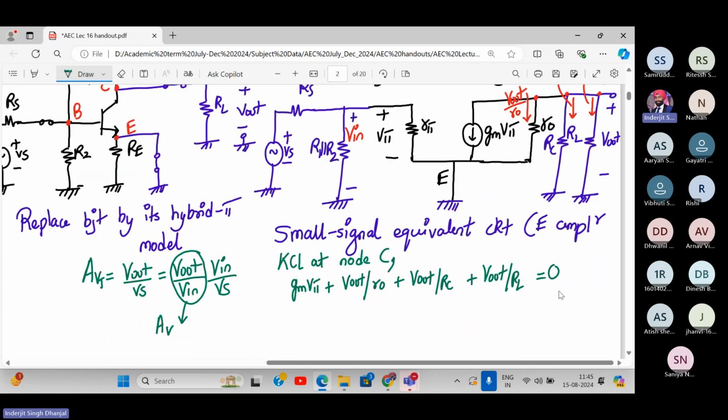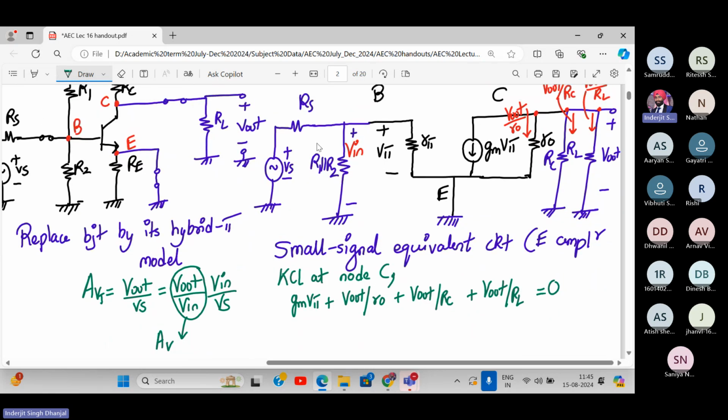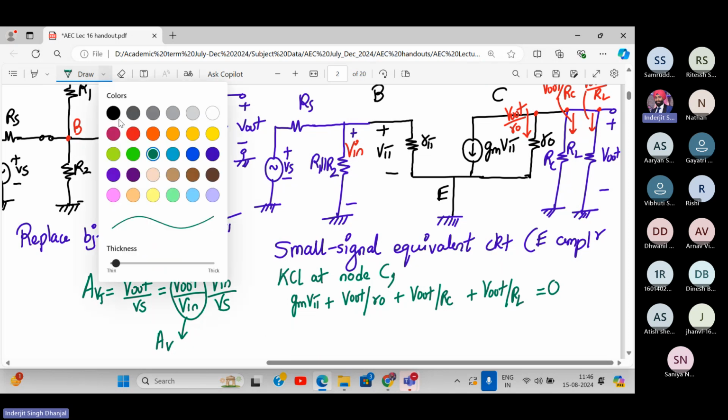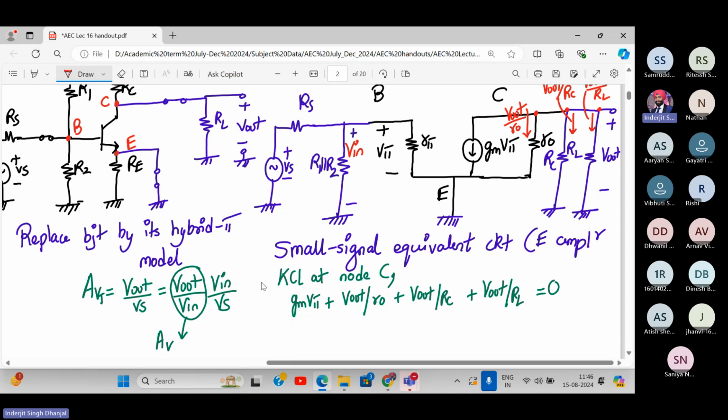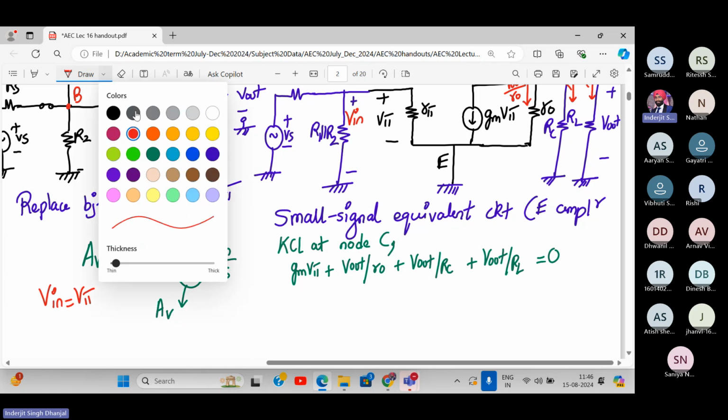Agree? Yes or no? And also from the diagram, can you see this V pi and V in are same? They are in parallel, right? So V in is equal to V pi. So here we can modify the equation as follows.